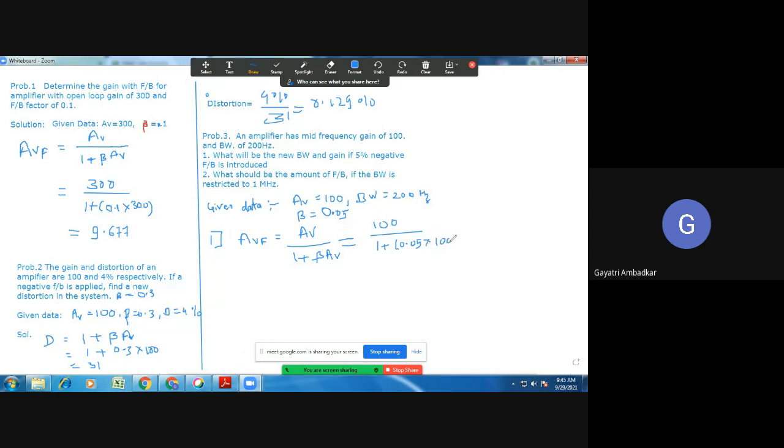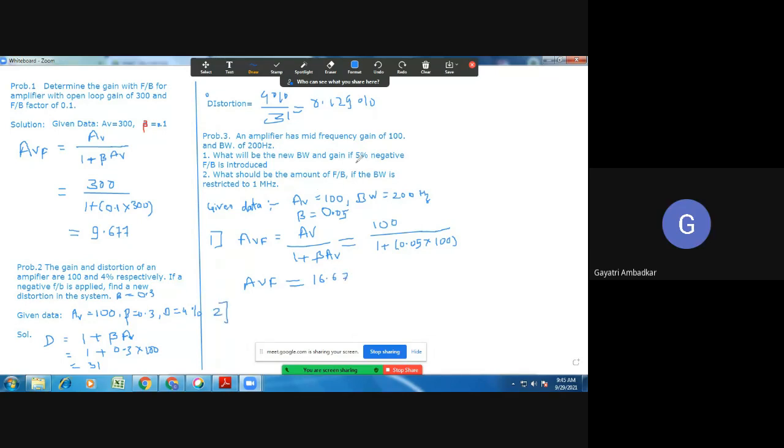What is the answer? AVF is equal to 16.66. 16.67. Very good. Second, what is asked?